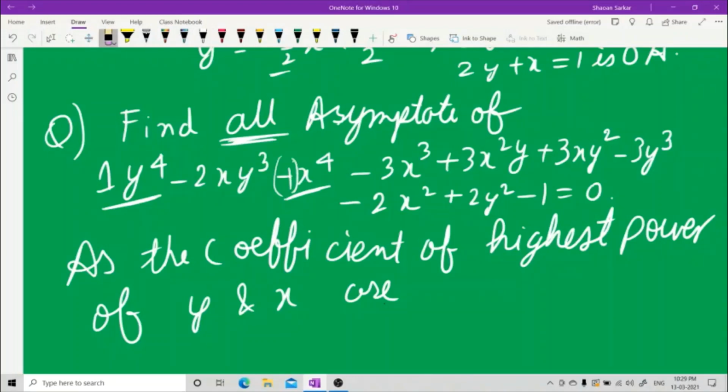I hope you understood. यहाँ पे देखोगे तो ये माइनस 1 है इसका कोएफिशिएंट, यहाँ पे प्लस का साइन लगा दो, प्लस इंटू माइनस.